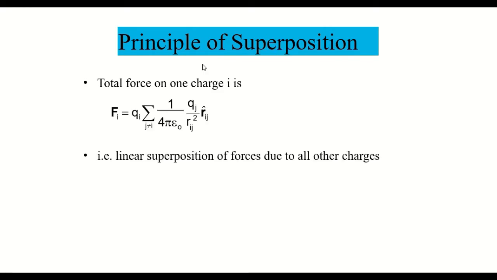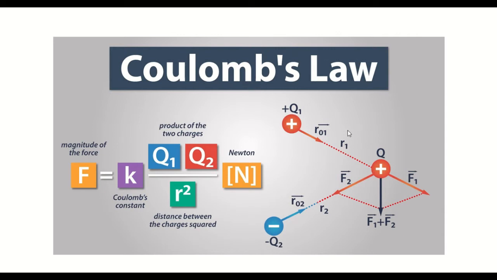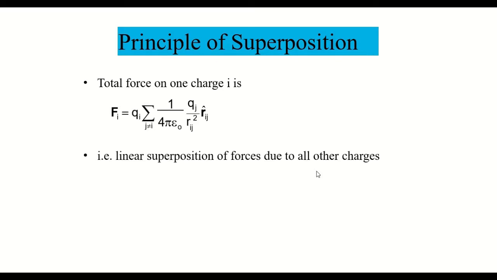So the total force on one charge I, if we go to the previous slide to explain well, you see here Q is the charge, right? Consider this is the ith charge, and how many charges act on this charge? There can be 2 charges, 3 charges, 4 charges and so on.